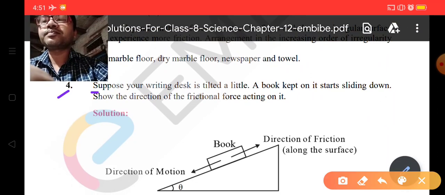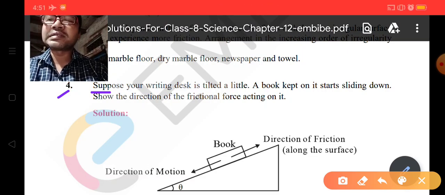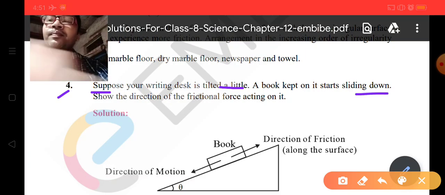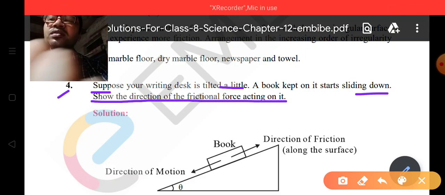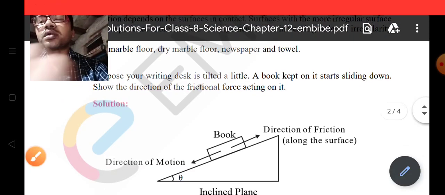Question number 4. Suppose your writing desk is tilted a little. A book kept on it starts sliding down. What is the direction of the friction on this surface? For this question, you can draw this diagram.